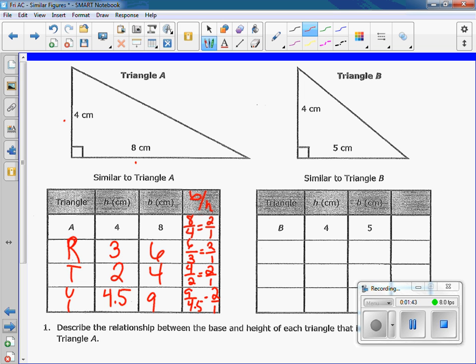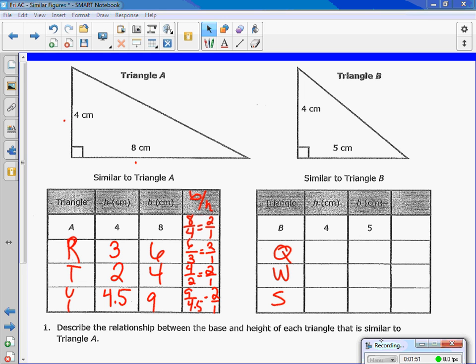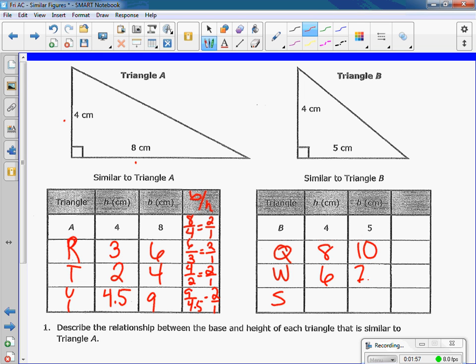On the next part, it was triangle Q, W, and S, and those values were 8, 10, 6, 7.5, 2, and 2.5.